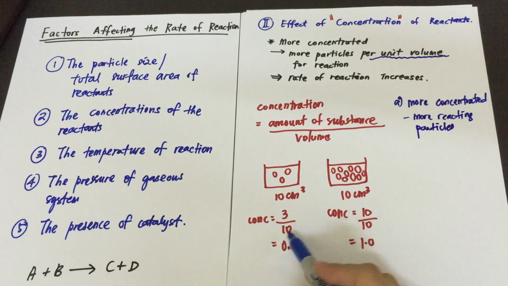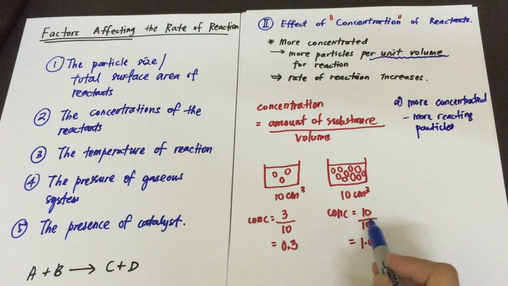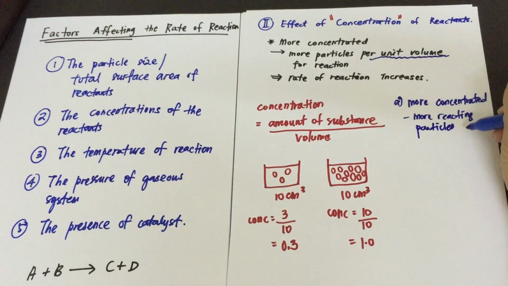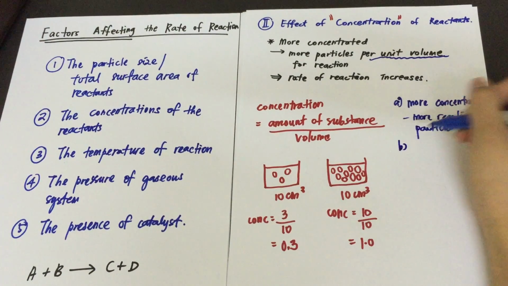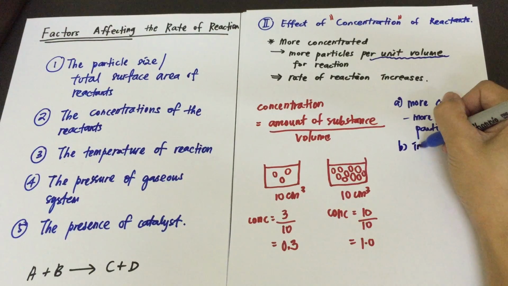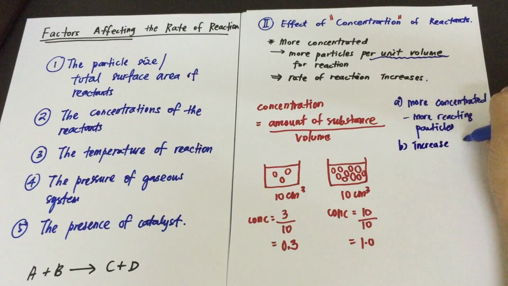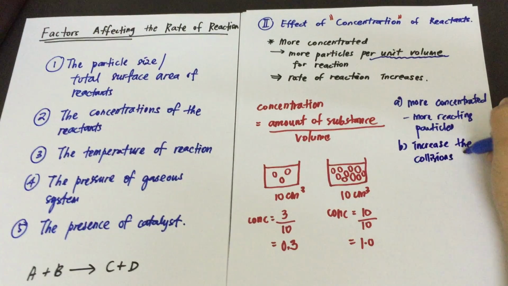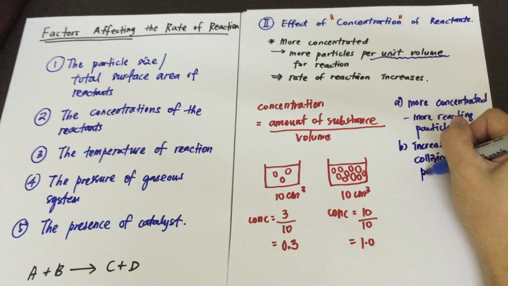Because when we set the volume constant, only then can we compare the number of particles in the particular volume. So when there are more reacting particles per unit volume, point number 2 is that it will increase the collisions between the particles.